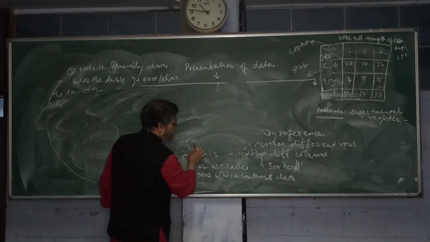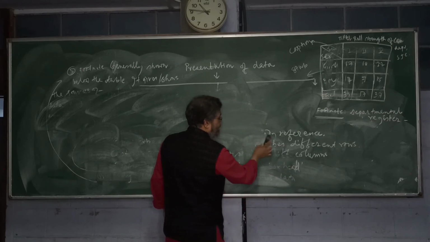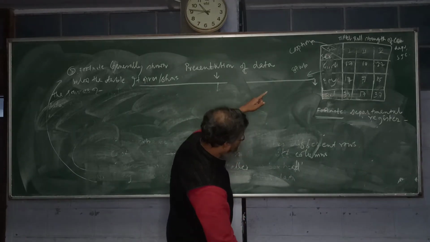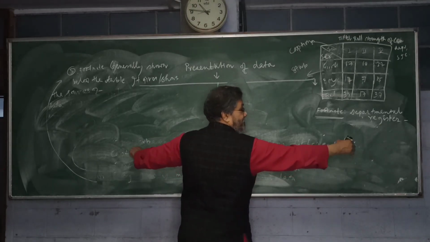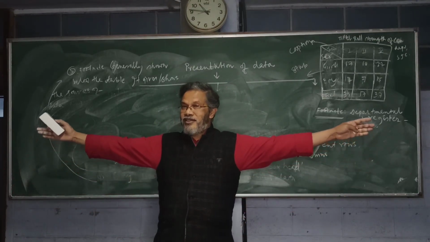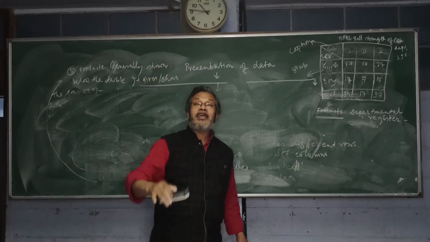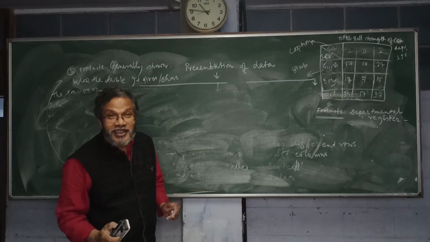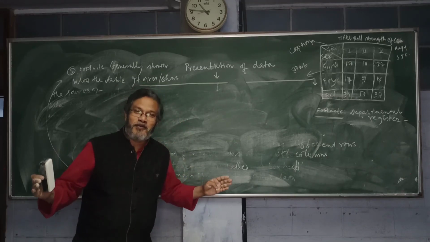What is the meaning? The meaning is that a table should not be too long in height or too wide. It should be balanced in length and breadth.